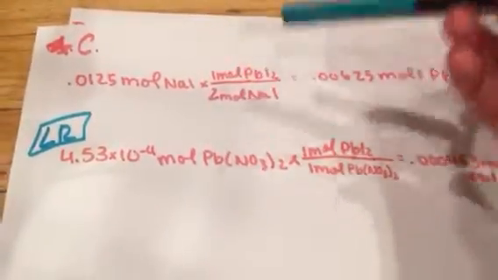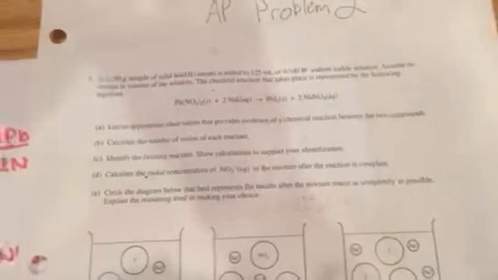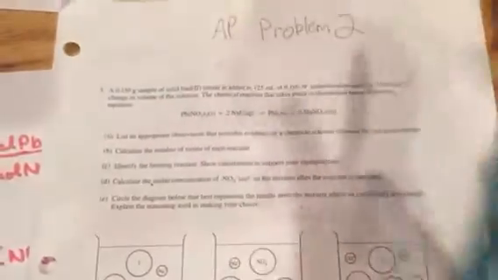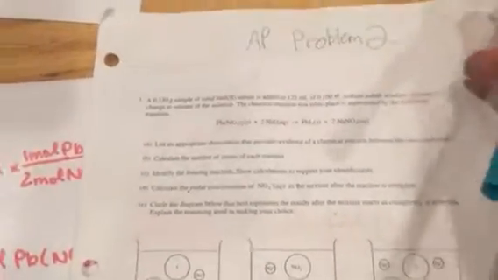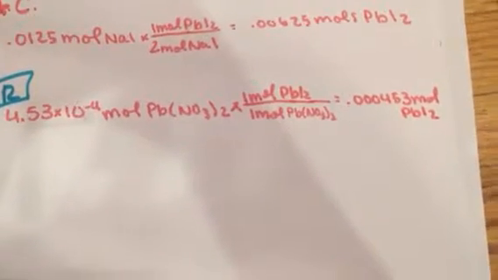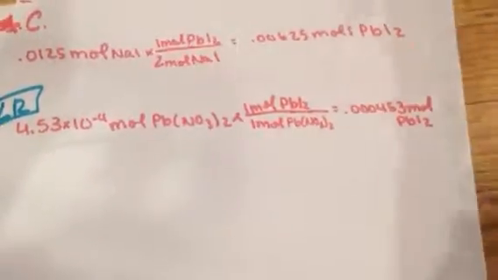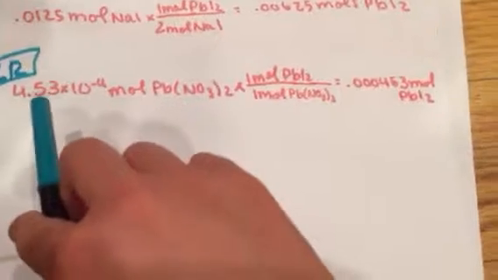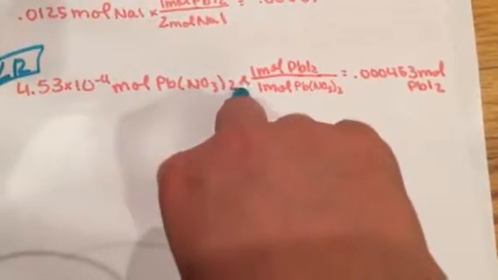We know that this is a 2 to 1 mole ratio because when we look at the equation that it gave us here, there's 2 Na's right here, but there's only 1 PbI2 when you balance the equation. Alright, so now we are going to look at Pb(NO3)2. We're going to turn it into PbI2. So we're going to take 4.53 times 10 to the negative 4 moles of Pb(NO3)2.